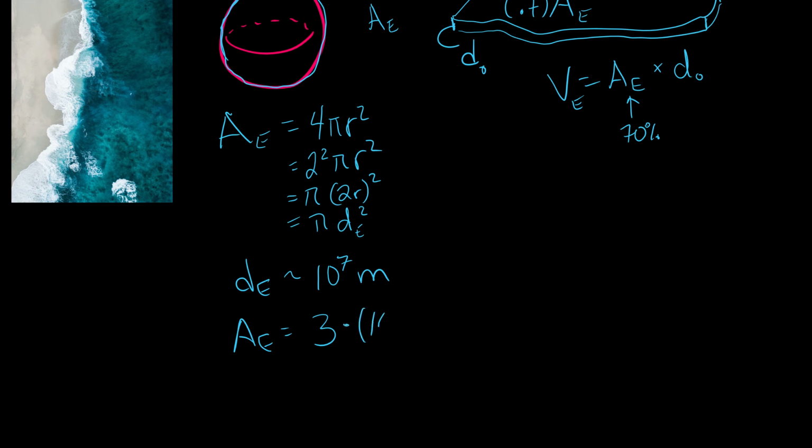Times 10 to the 7th squared. Okay, so when I take 10 to the 7th squared, I multiply 7 times 2, so 10 to the 14th, times 3 equals the area of the Earth in square meters.